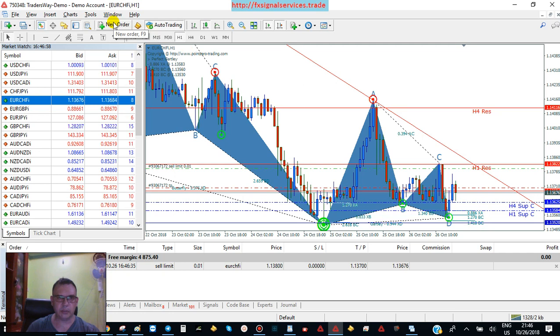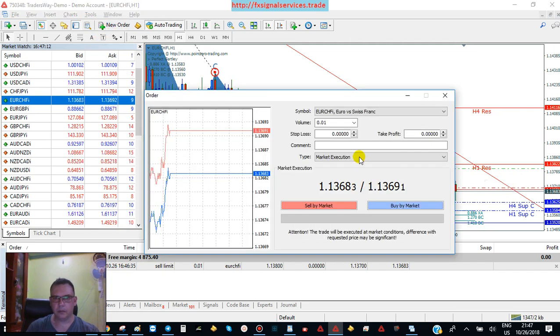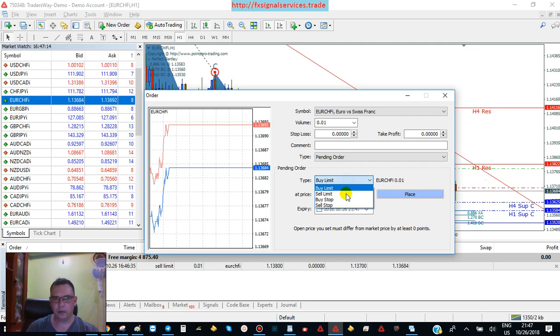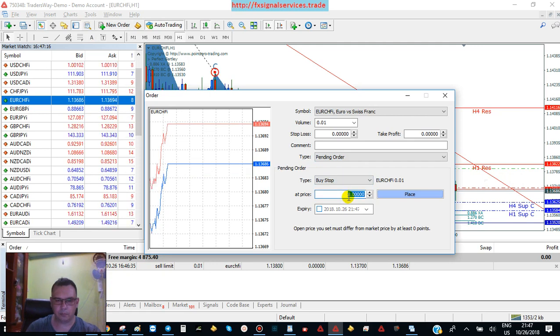And then what I will do is I'll place a buy stop and put it probably close to where this line is. I guess I could do another one, kind of show you. I would do a buy stop and put this at 1.13750, just so you can see.